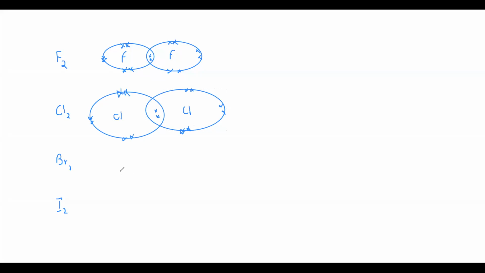Same thing for bromine and iodine. They exist as diatomic molecules. Then about the reactivity, how can we identify which one is more reactive and which one is less reactive?